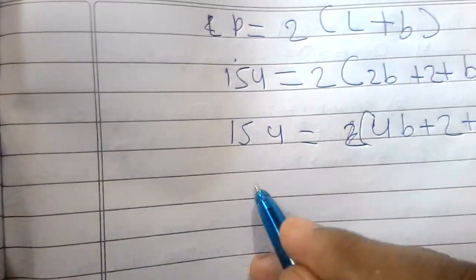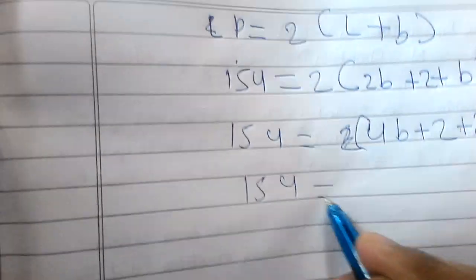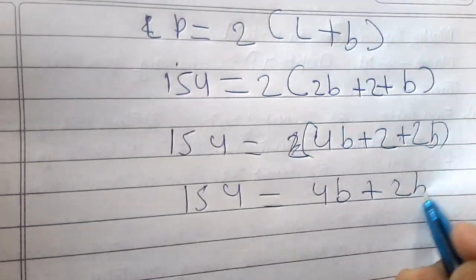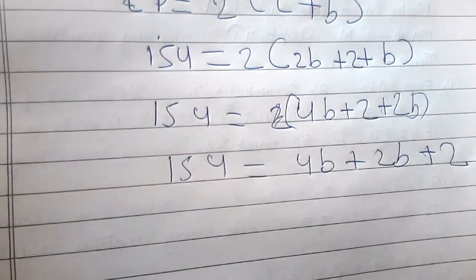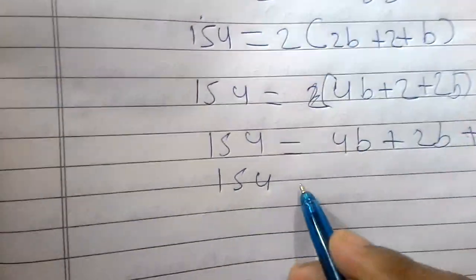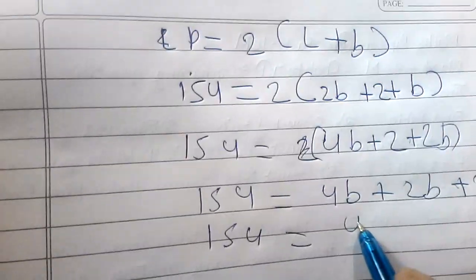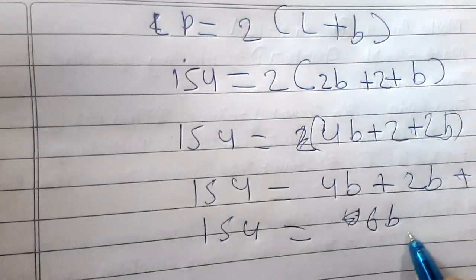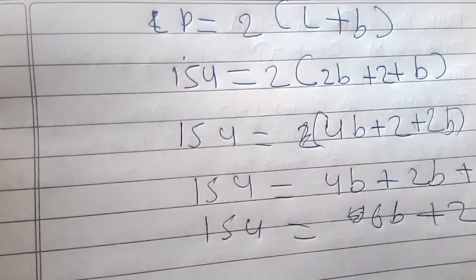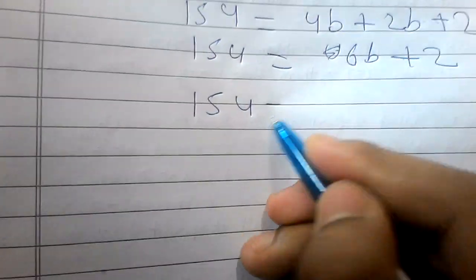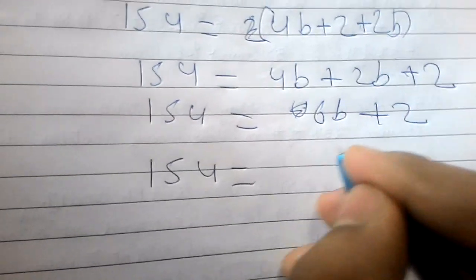Now 154 is equal to 4b plus 2b, plus 2. Okay, 4b plus 2b is equal to 6b, so 154 is equal to 6b plus 2.